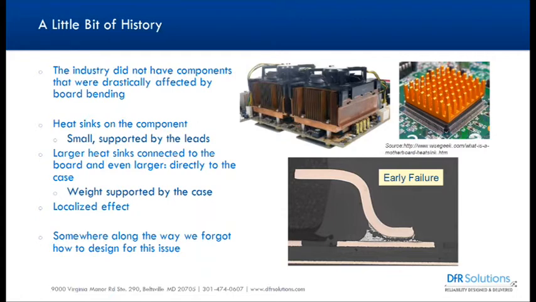So when the entire weight of the heatsink is supported directly by the case, and everything has a hard contact between a huge heatsink and the case and the board, then you start having problems. And these early failures that you see, these are cross-sections after like 400 cycles, 200 cycles.